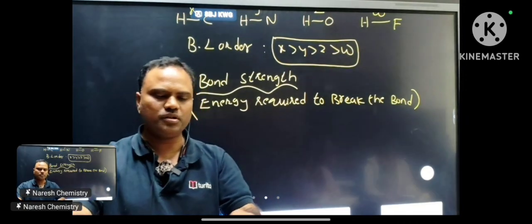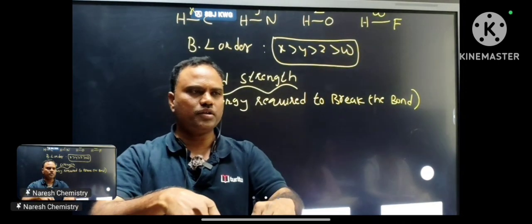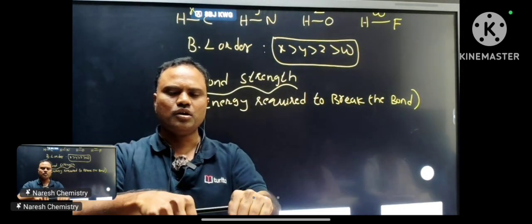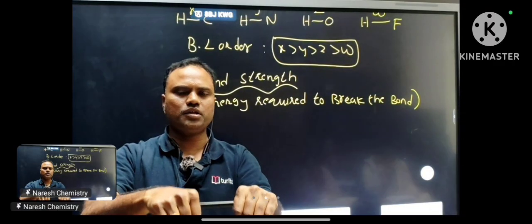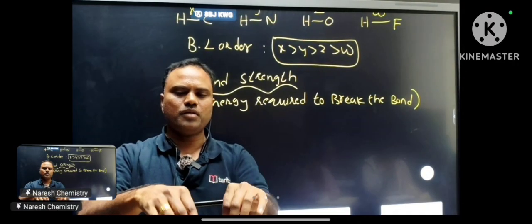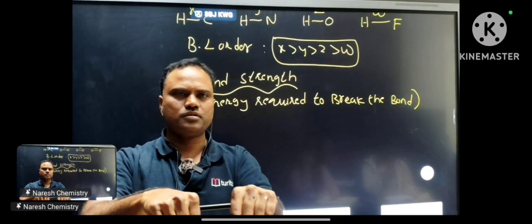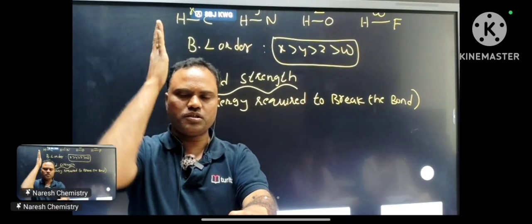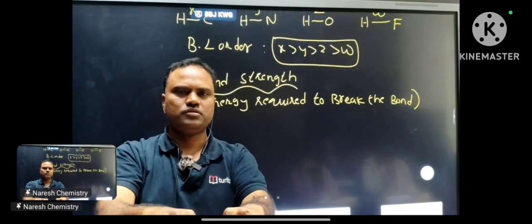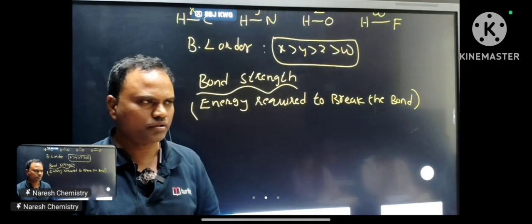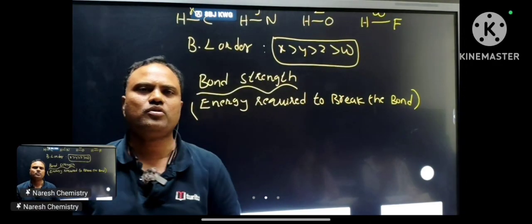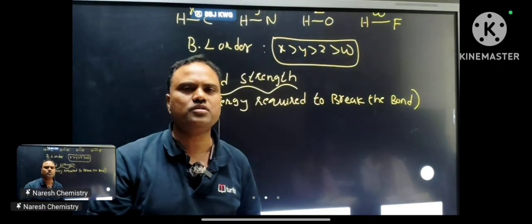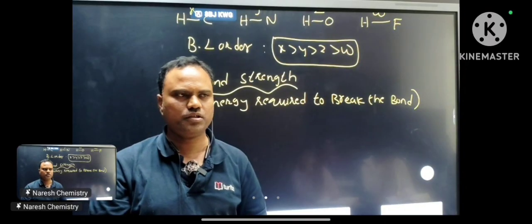For example, this is one atom and this is one atom. These two atoms are held together by a bond. This marker, a stylus pen, represents the bond. The amount of energy required to break this is called bond strength. We can compare bond strength very easily.